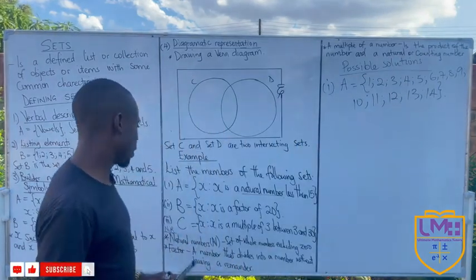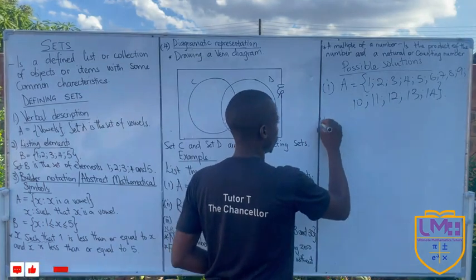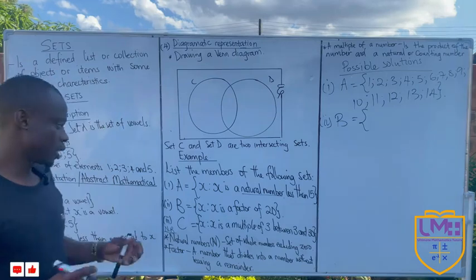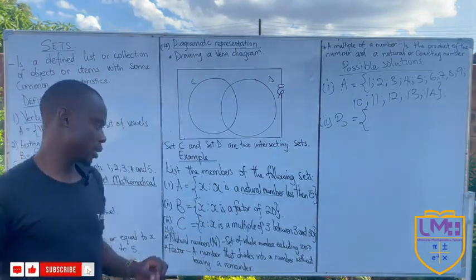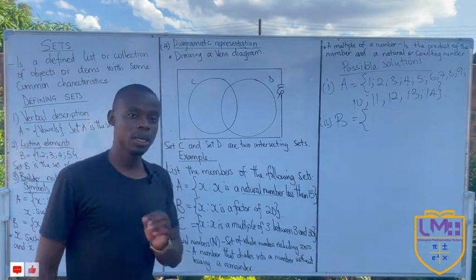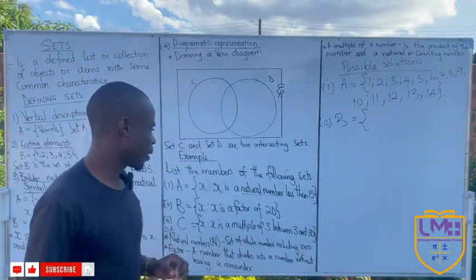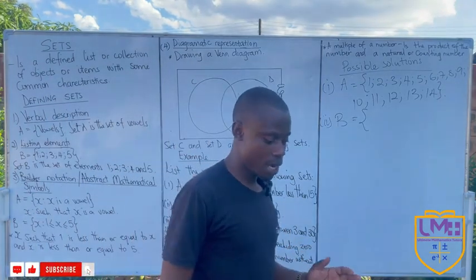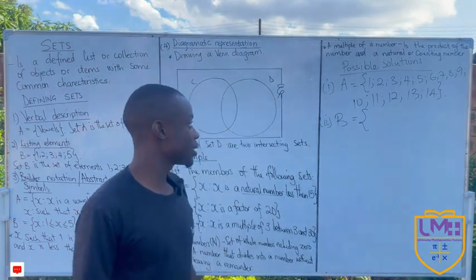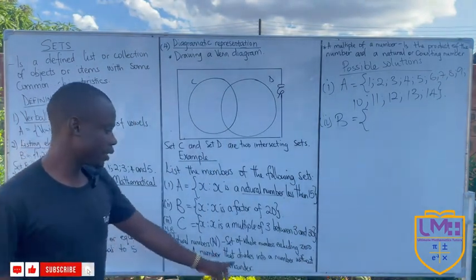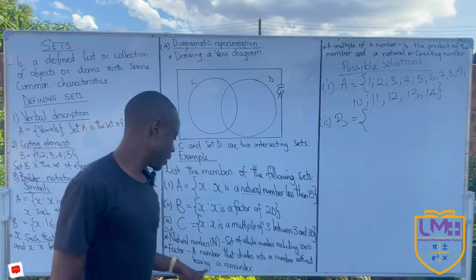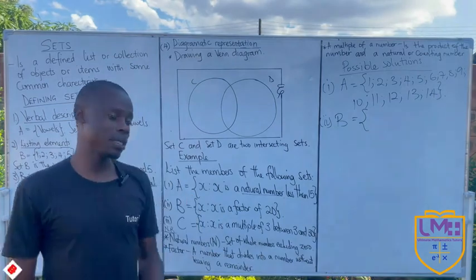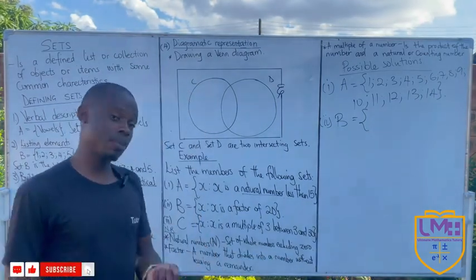Now let's go to item 2. We want to list the members of set B. We are told that x is a factor of 20, so we need to find the factors of 20. A factor is a number that divides into a number and leaves a remainder of 0.